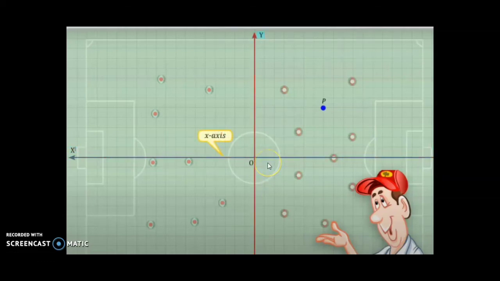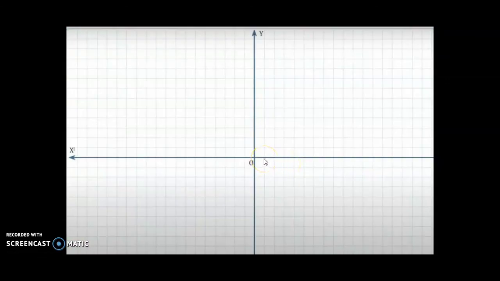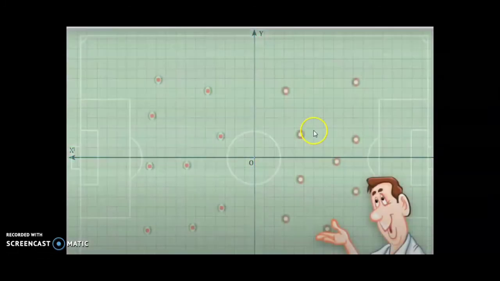From there every player is scattered, and their positions are reached with a horizontal movement and also a vertical movement. When we consider a plane, that plane is divided into parts by a horizontal and a vertical line, and the player stays in a place at a certain horizontal and vertical distance. So every player is placed in such a way.